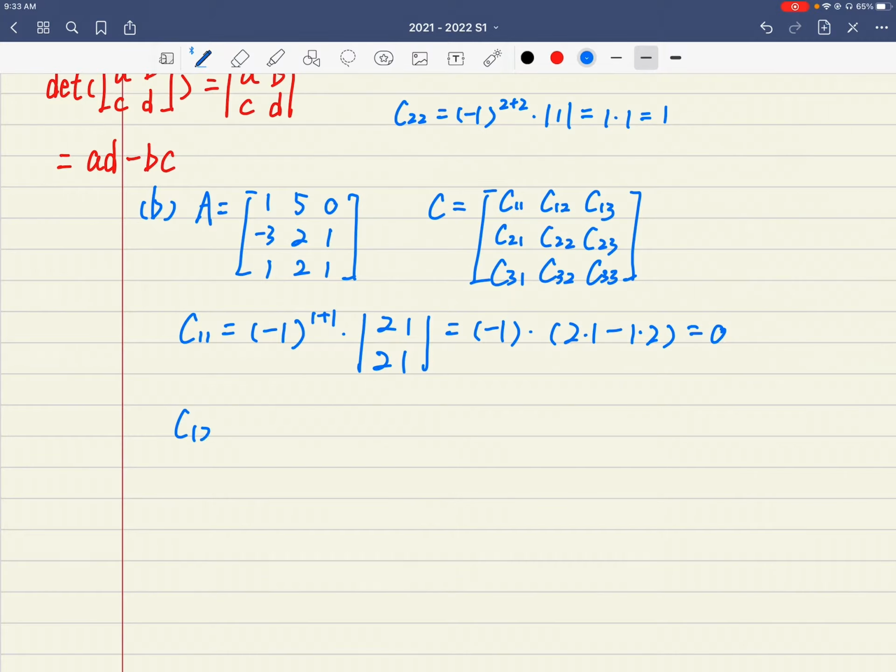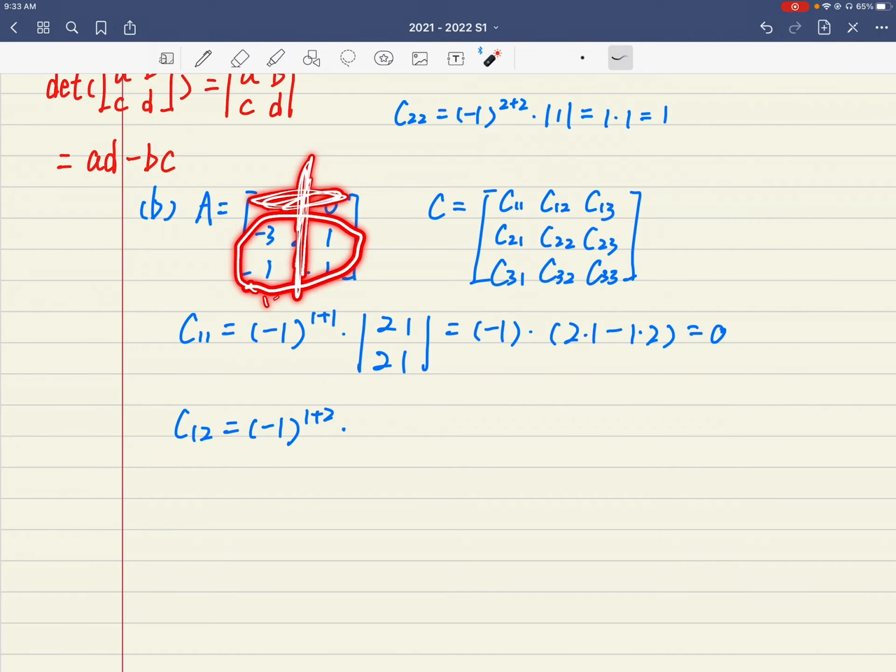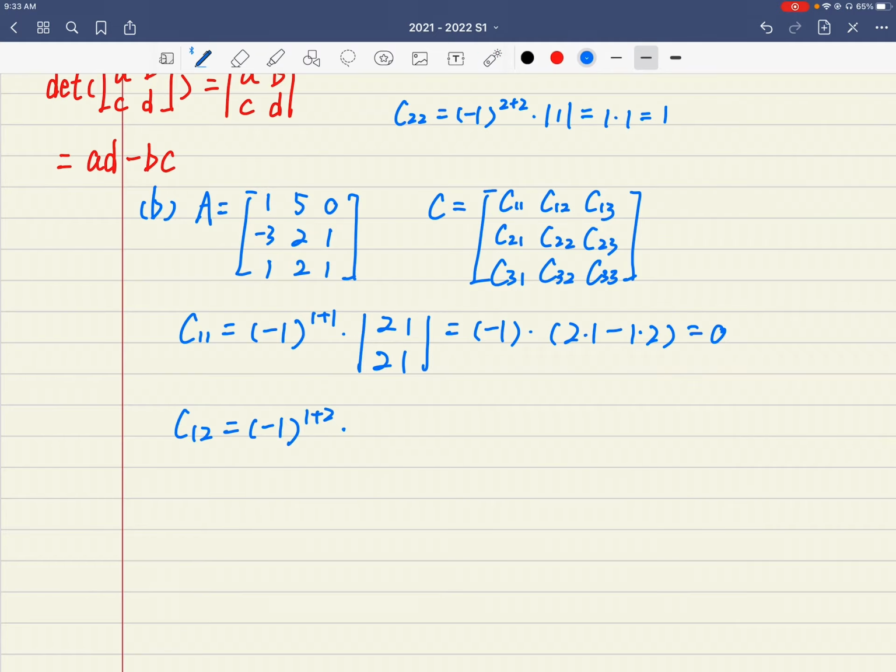Okay, C12, it's -1 to the power of 1 plus 2 times the determinant, now delete the first row, delete the second column. So you have this square matrix left, -3, 1, 1, 1. Wait, here is a typo. -1 to the power of 2 is 1, it's not -1.